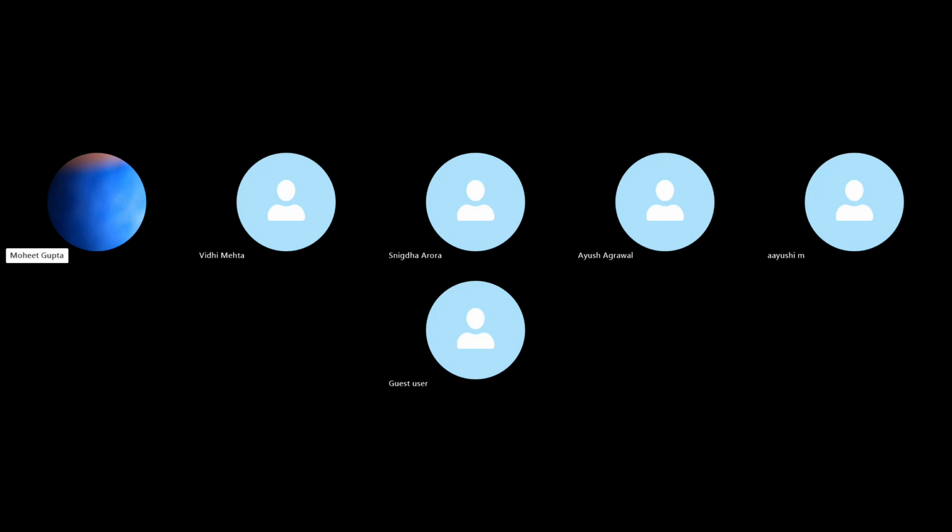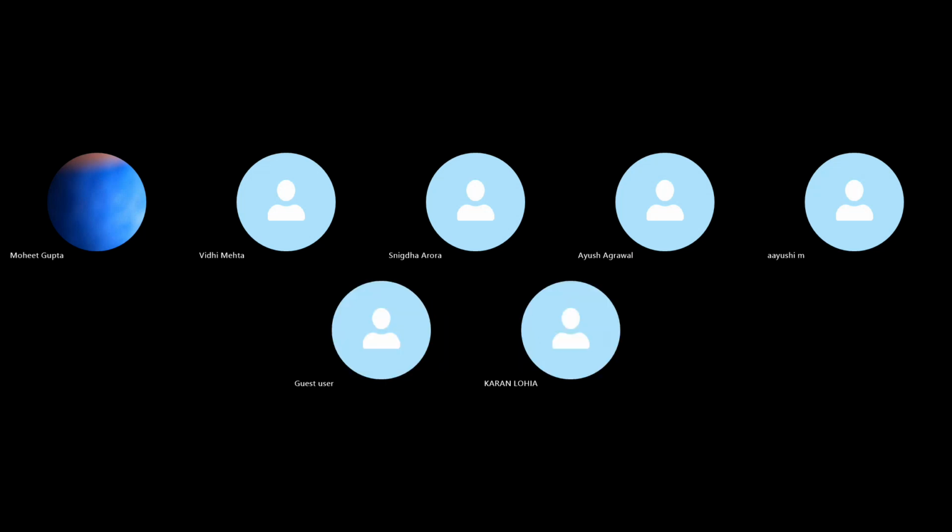So one lakh crore has how many zeros? 12 zeros: 5 for lakh and 7 for crore. So it's 308 followed by 12 zeros approximately.